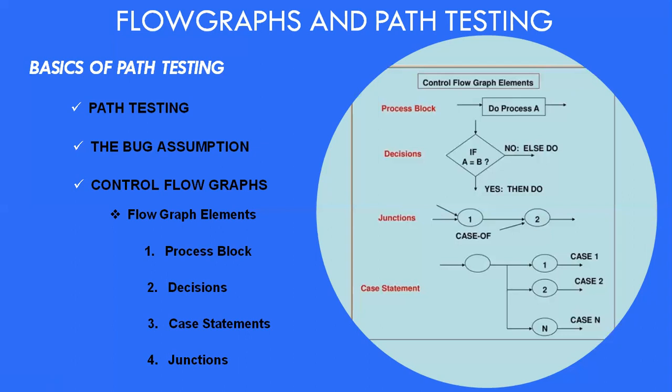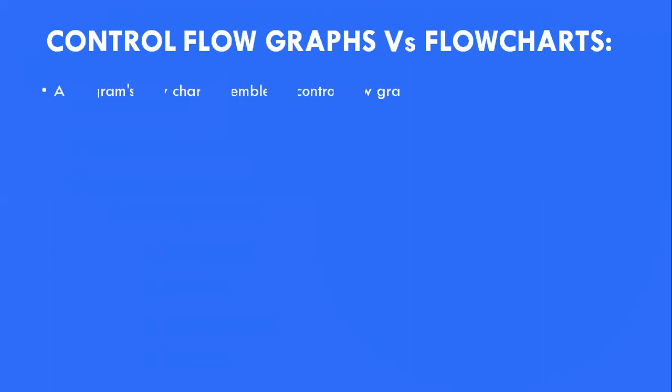Now let us see the differences between flow graphs and flow charts. A program's flow chart resembles something like a control flow graph, whereas in a flow graph we don't have to show the details of what is in a process block.